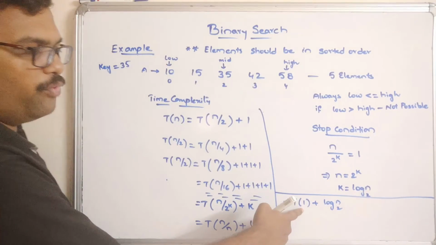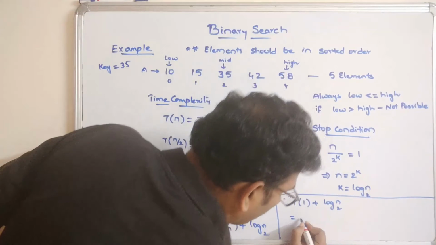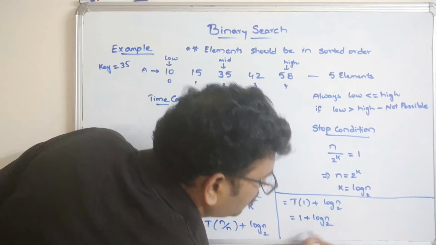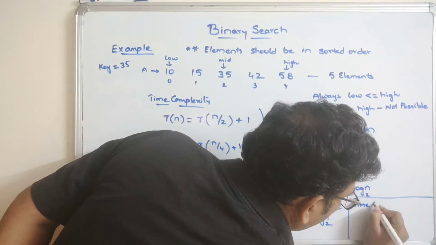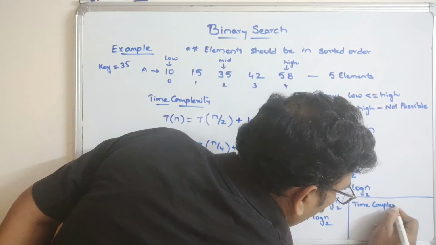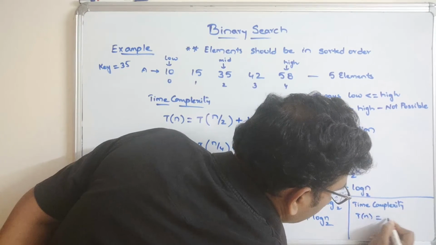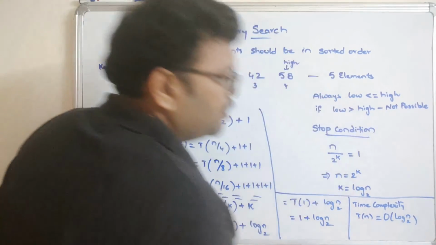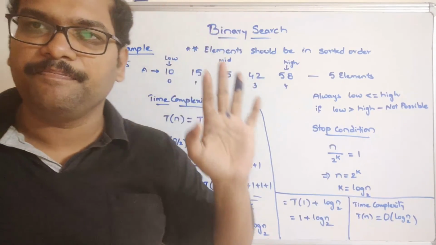If there is only one element, then automatically it will be 1. So 1 plus log n base 2. So the time complexity is equal to order of log n base 2. This is the time complexity for binary search.